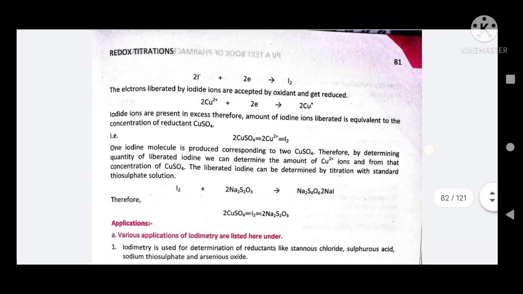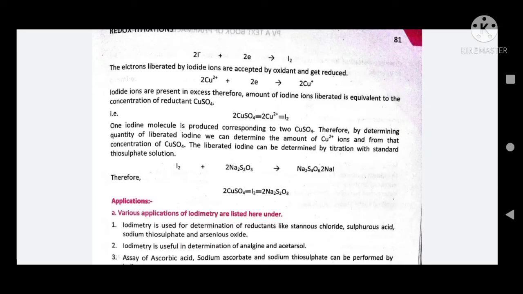That iodine is again titrated with sodium thiosulfate. Then there will be formation of sodium iodide, NaI.